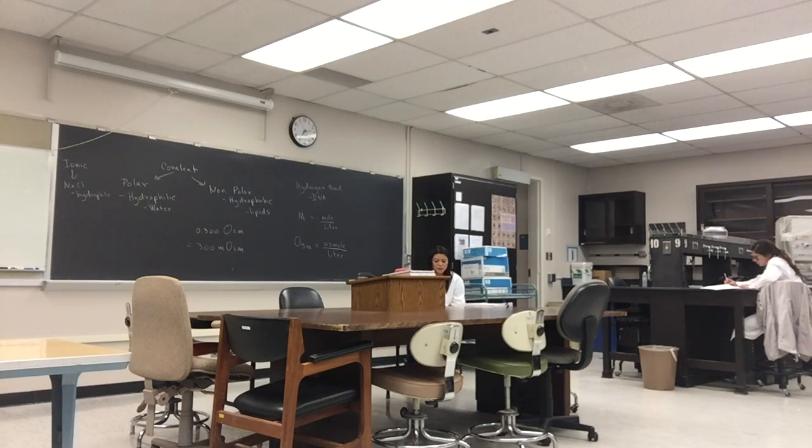Number 10, know if the concentrations of sodium and potassium ions are greater in ICF or in ECF. Sodium is greater where? ECF, and potassium is in ICF. So there's more sodium in the ECF than in the ICF, and potassium is greater in ICF than in ECF.